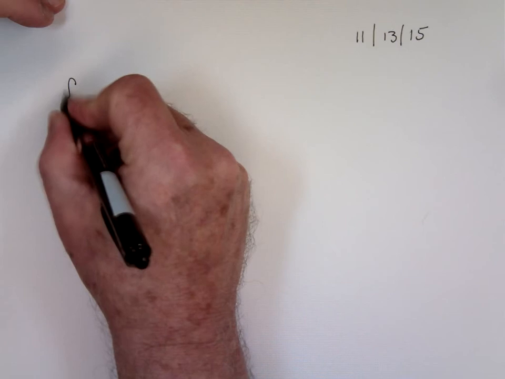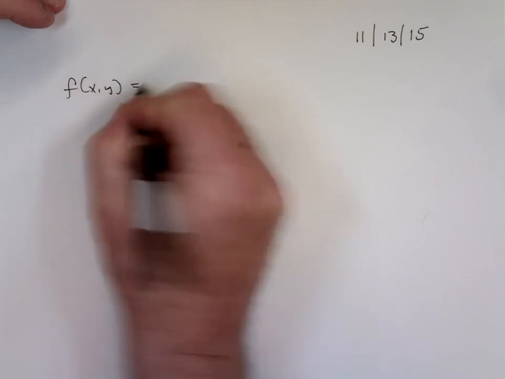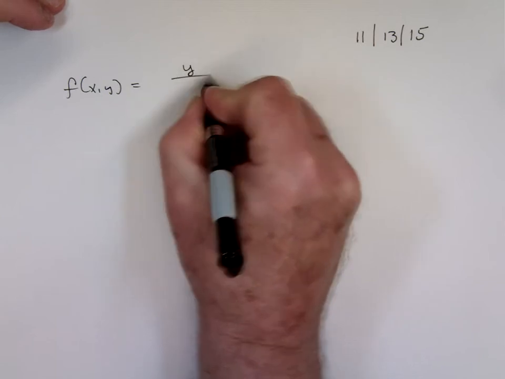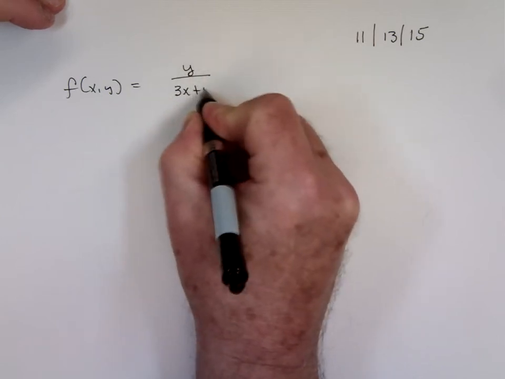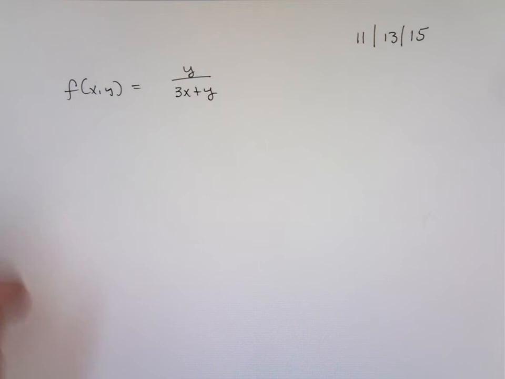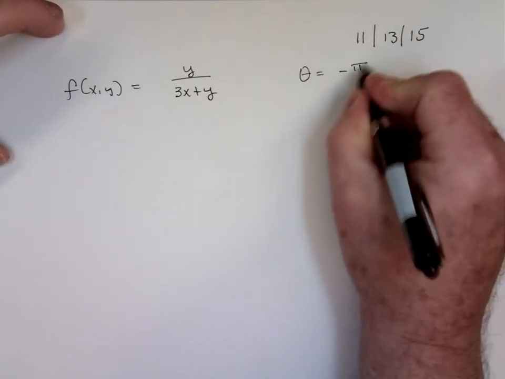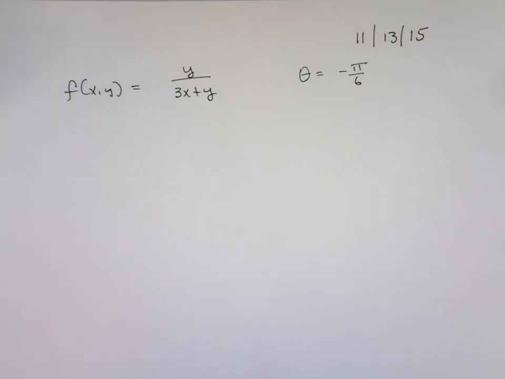Go ahead, give me the function. Okay, so the function is f of x, y equals y over 3x plus y. And then theta is equal to negative pi over 6. Okay, the unit vector u is cosine theta, sine theta.